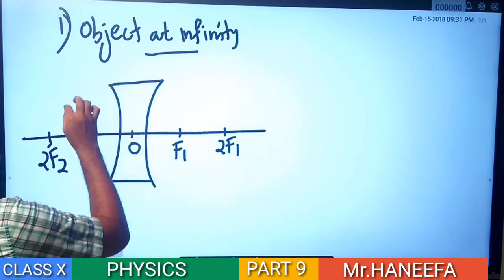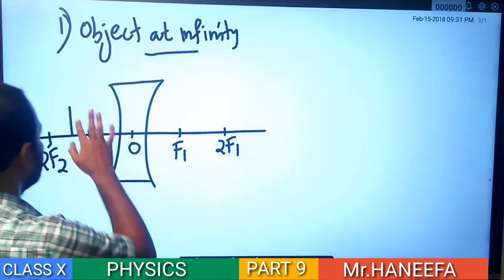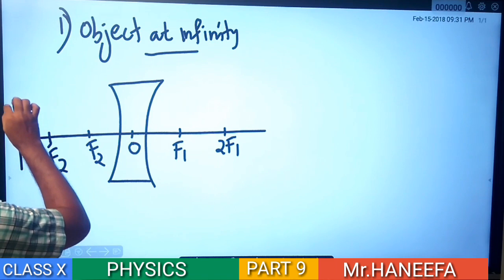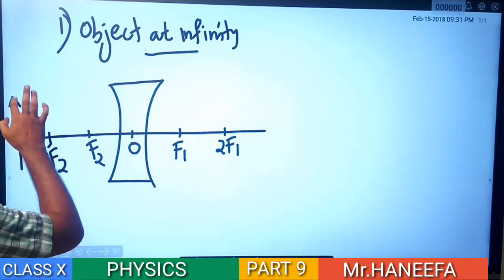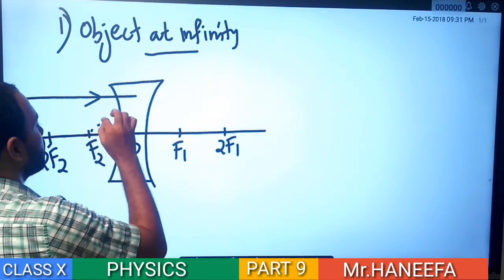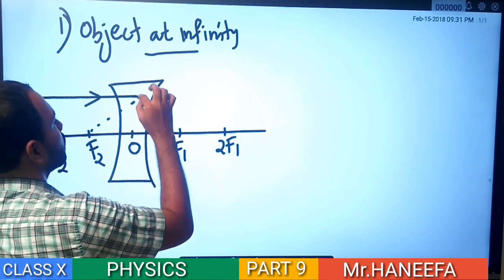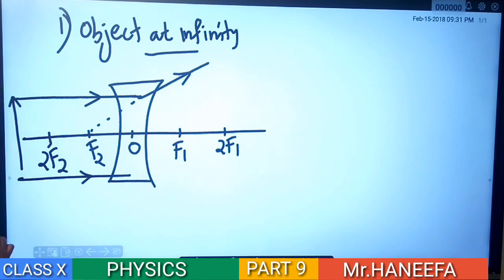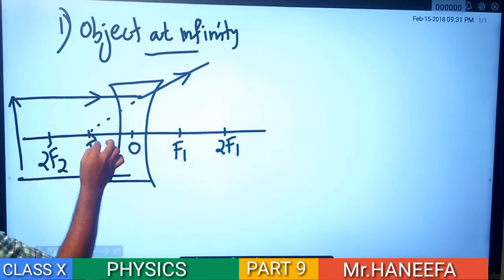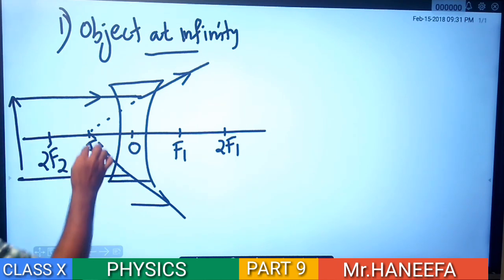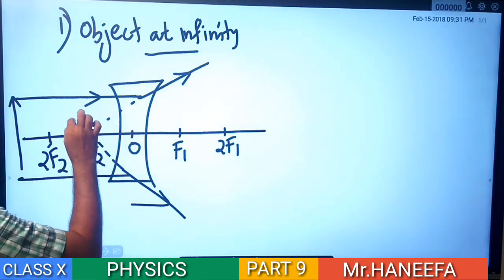Object is placed at infinity. A ray parallel to the principal axis, after refraction, diverges from the focus. Then again first rule, a ray parallel to the principal axis, after refraction, diverges from the focus.